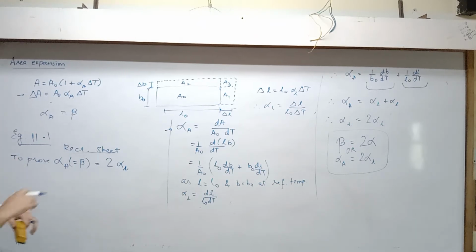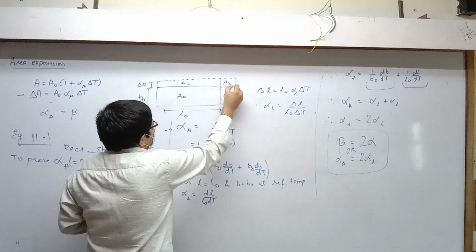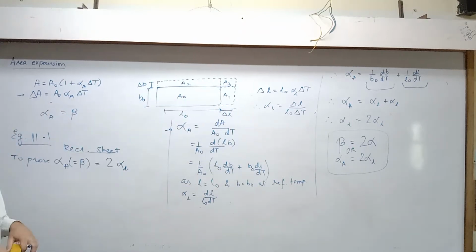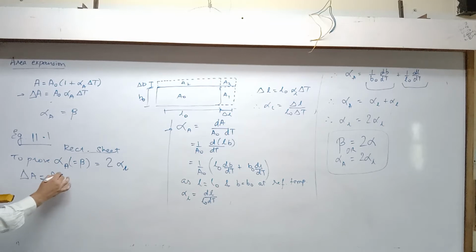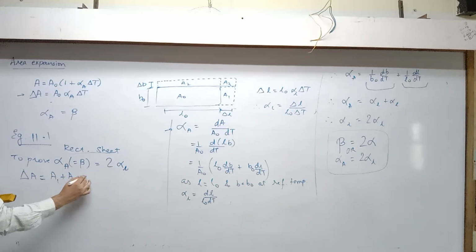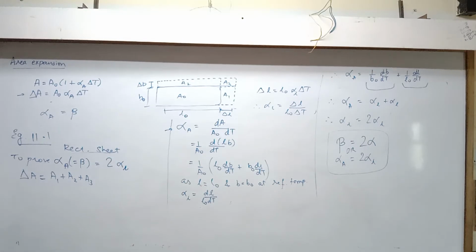So now original area is A0, but now we have 3 more areas to add. We have 3 more areas. So have a look here. So we can see that delta A is equal to A1 plus A2 plus A3. Do you agree with this or not here?